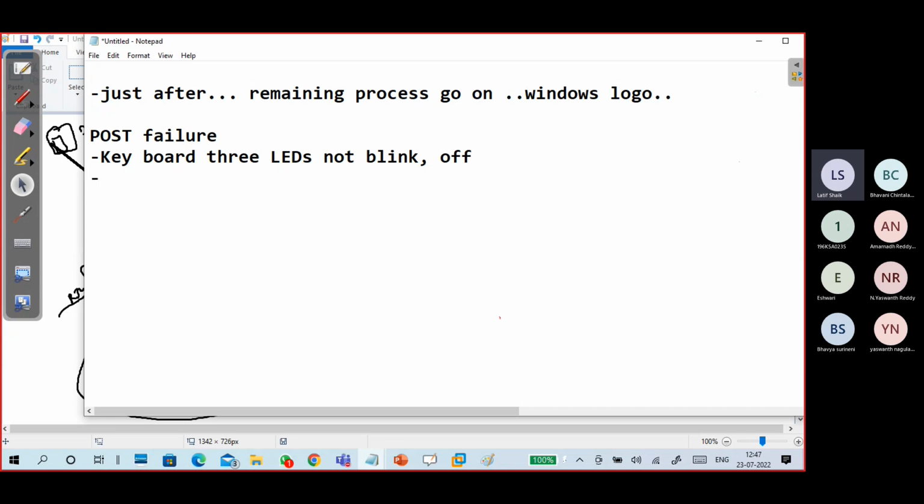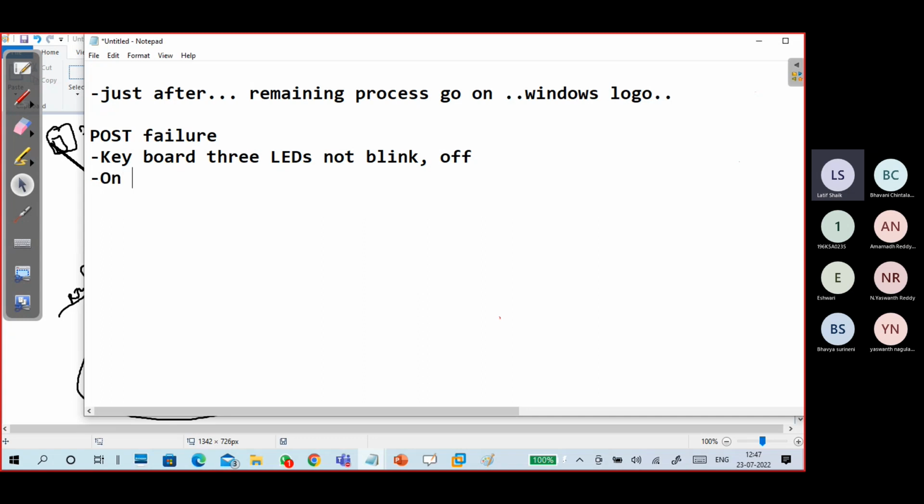When you press the power button, look at the keyboard. You should see the 3 LEDs blink once. If not blinking and it is in an off condition, make sure you have connected the keyboard, guys. Okay, it is the first part, indication number 1.